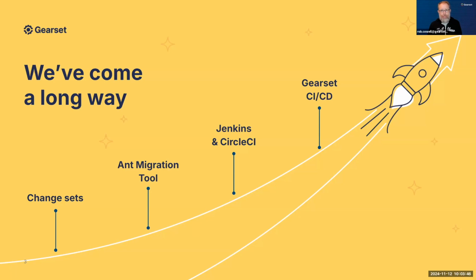Now, moving on from change sets, we move to the Ant migration tool. For some of the older folks in the ecosystem that may remember that one, it allowed for a more programmatic approach, but it still had its limitations around flexibility and speed. And that often meant custom scripting to handle the unique complexities of each deployment. Now, as more teams began embracing agile and DevOps thinking, there was a push to bring that true CI/CD, that's continuous integration and continuous delivery, into the Salesforce world.